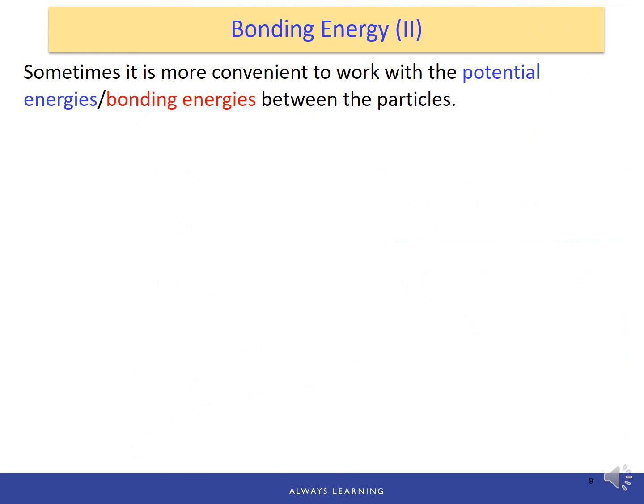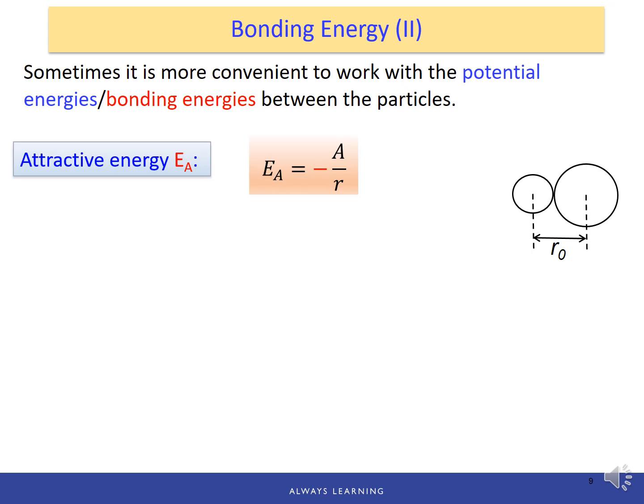We can calculate the value of the bonding energies using the following formulas. The attractive energy E sub A, by the sign convention, if we're going to plot this E sub A on the same diagram as E sub R, is a negative value. Therefore, we need to use the negative sign in this formula. It's negative A over R, where A is a constant that depends on the bonding type and the atoms being bonded.